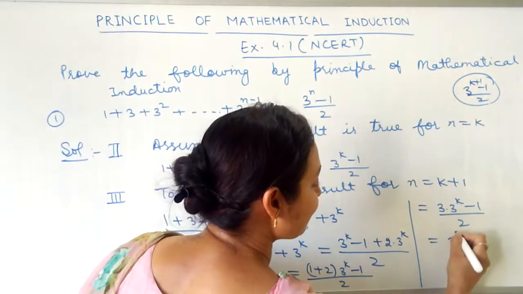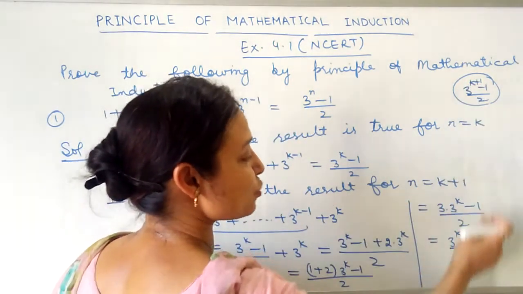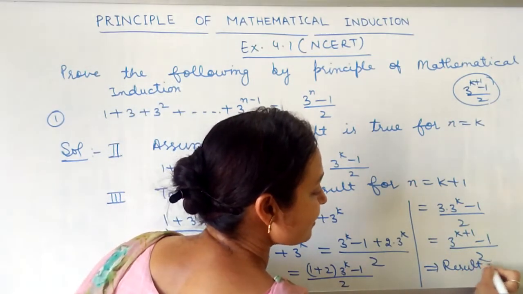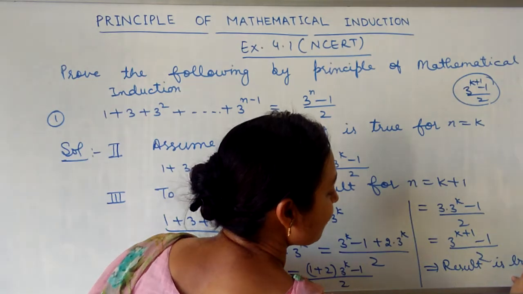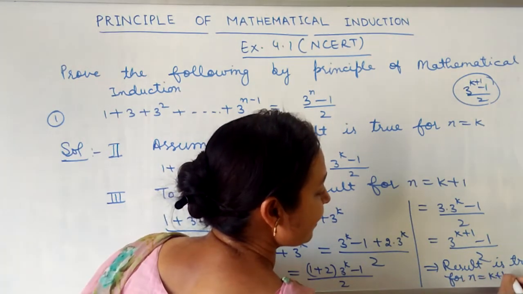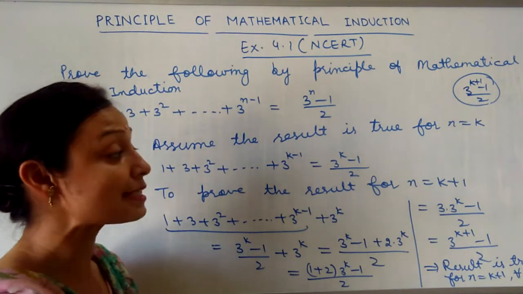The base is the same, so we can add the powers like this. So this implies the result is true for n equals k plus 1, true for all n. So this is the way.